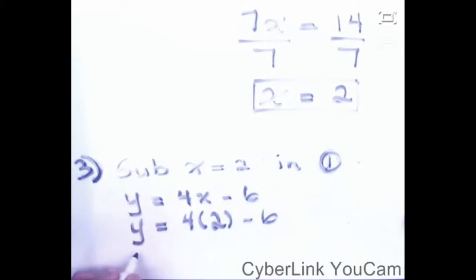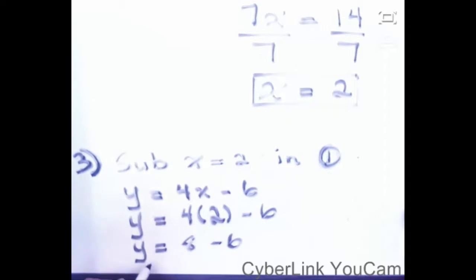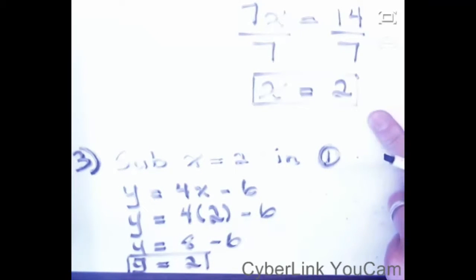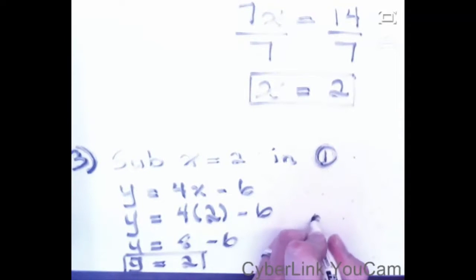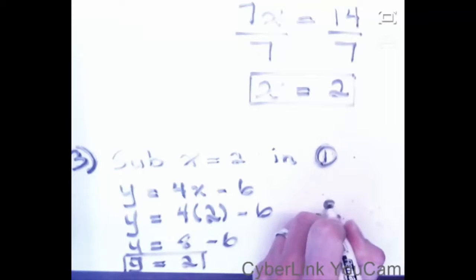Here it says y equals, well, 4 times 2 is 8. Take away 6. Okay, so I guess this is neat. This one works out where y also equals 2. So now that you have the x value and the y value, you now have the point of intersection. So we use these concluding dots.